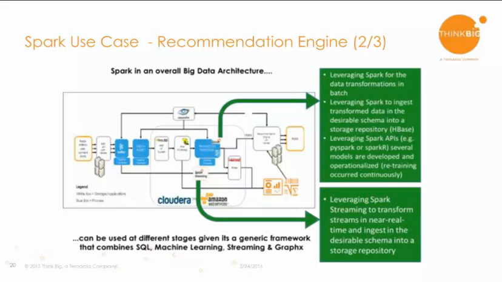And what I want to call out in this use case is how Spark is being used as a generic framework to produce the outcomes that we were engaged with the client to deliver.